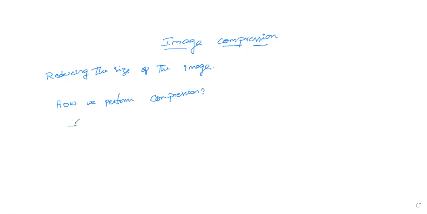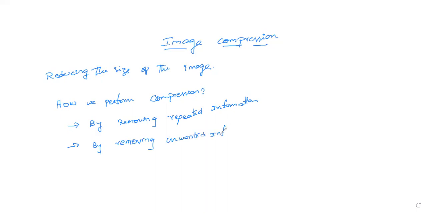The first way is by removing the repeated information, or by removing the unwanted information.